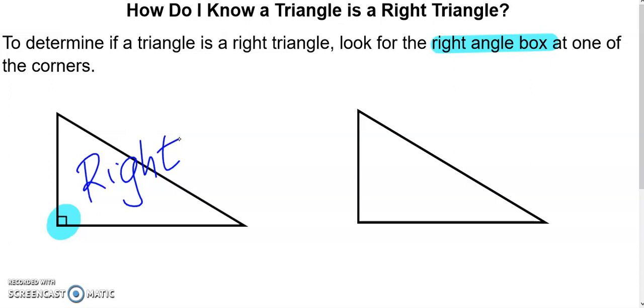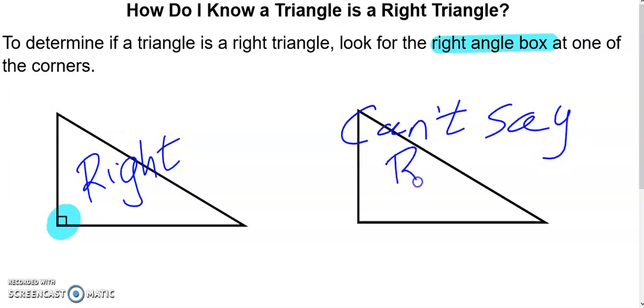When we look at this other triangle, there is no right angle box anywhere. So I cannot say that this is a right triangle. Maybe it is, maybe it isn't, but I definitely don't know for sure. So I'm not going to assume it is.